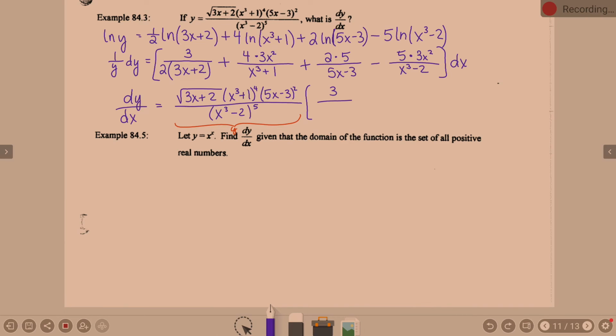3 over, and I did make it 6x plus 4 on this next piece, so I did kind of clean it up. You wouldn't have to.